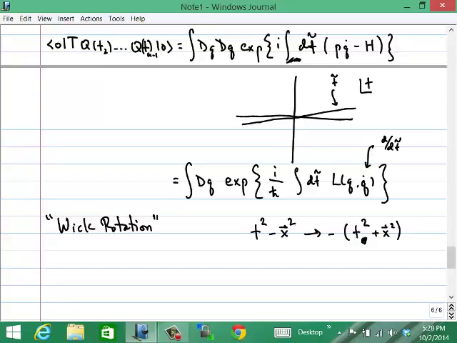Okay. So in fact, typically what people do is they don't just take t tilde to be this contour that's rotated by some small amount epsilon here, but they'll actually take the contour to be this contour here. This is usually called the Euclidean time contour.